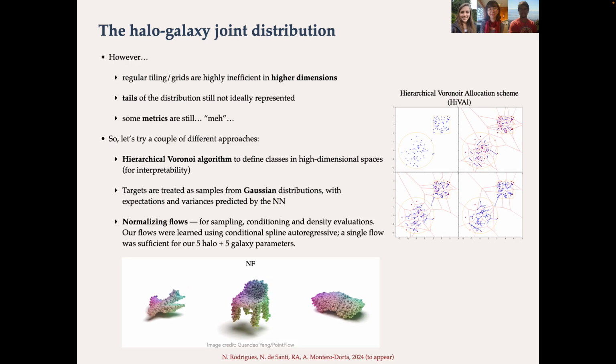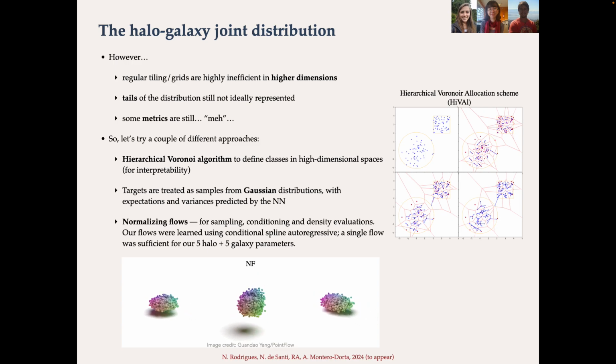And finally, we also use the technique called normalizing flows, which is a way of mapping a very complicated distribution into a much simpler one by a series of invertible maps. And this is shown in this little movie here for some comic relief.